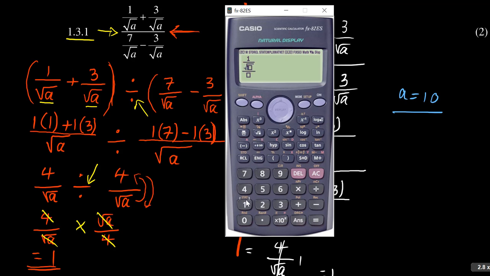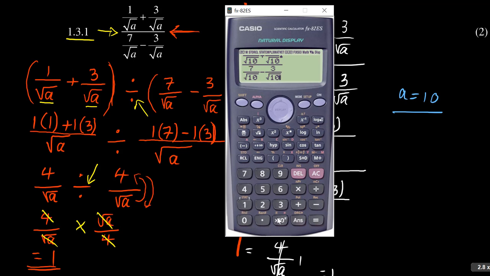So I'm going to have 1 over square root of 10. Be careful how you punch that, plus fraction again, 3 over square root of a, which is, remember my a is 10, and then again we have a fraction which is 7 over square root of 10, then minus 3 over square root of 10.